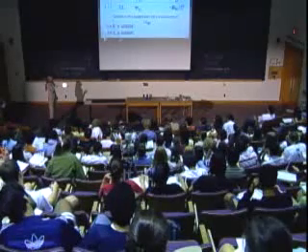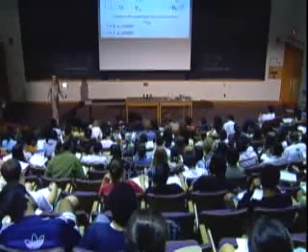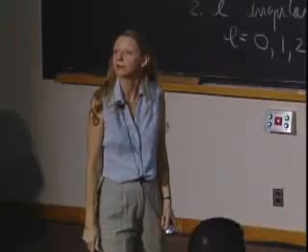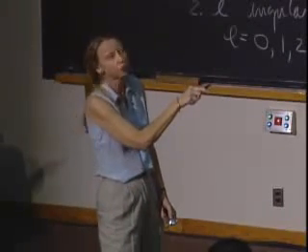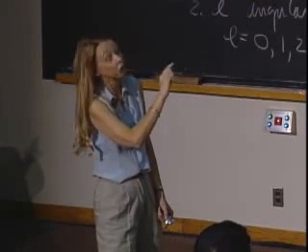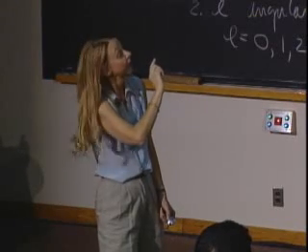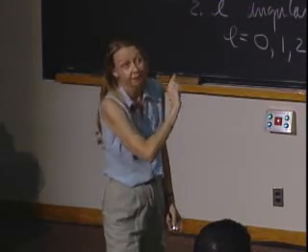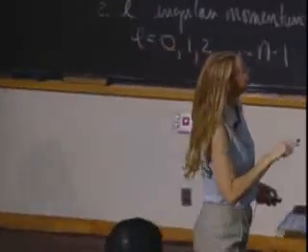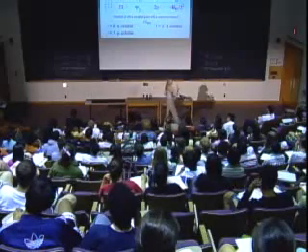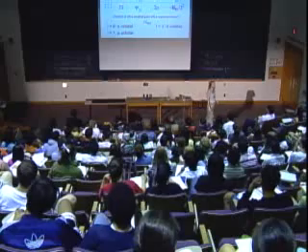Now, when L is equal to 1, we call that a p wave function or a p orbital. So this state right here, it's the 2p state because n is 2 and L is 1. This state is also the 2p wave function. And this state, it's also the 2p wave function. Now, if I had a wave function up here where L was equal to 2, we'd call that a d orbital.